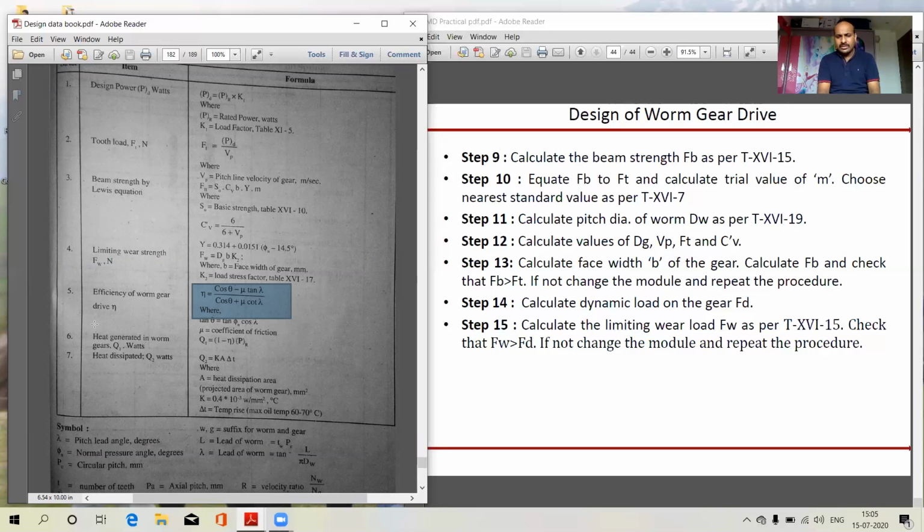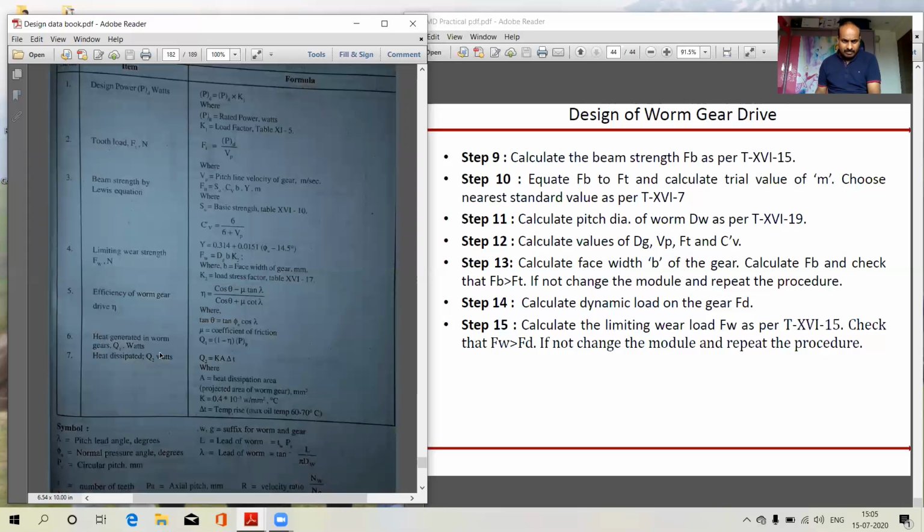After calculating the efficiency, the university problem may ask you to calculate the heat generated during the power transmission. Now, heat generated or heat dissipated during the power transmission is calculated by the given equations on page number 178 from serial number 6.